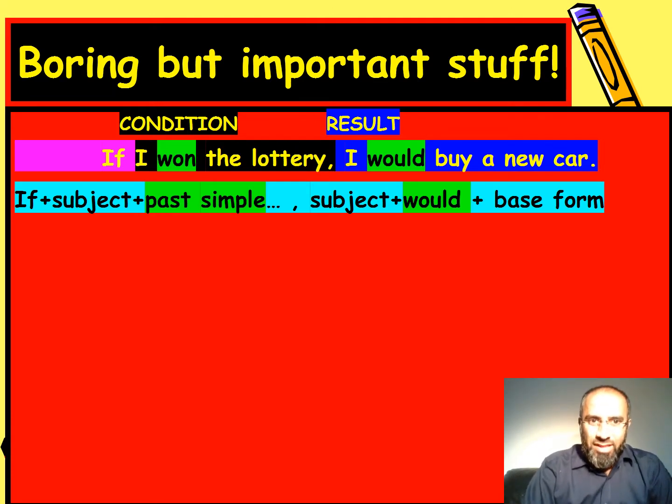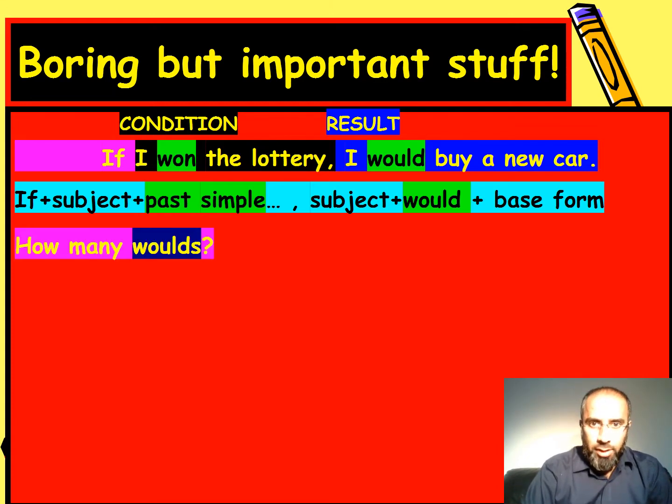Excellent. So past simple, and then we've got a comma, and then in the other clause, in the other part of the sentence, after the comma, we use would and the base form. Okay. Once again, how many woulds? Only one. Excellent. And if you see two woulds in a second conditional, what does it mean?